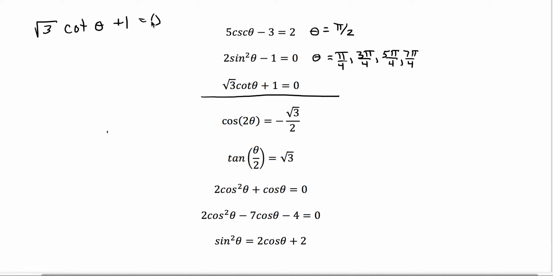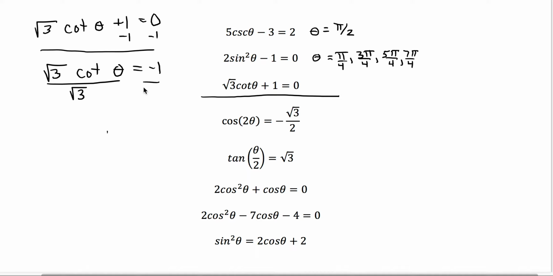We're going to start by subtracting the 1 from both sides. So that gives me square root of 3 cotangent theta is equal to negative 1. Then divide both sides by the square root of 3. So I have cotangent is equal to negative 1 over the square root of 3. I'm going to rationalize that by multiplying top and bottom by square root of 3.